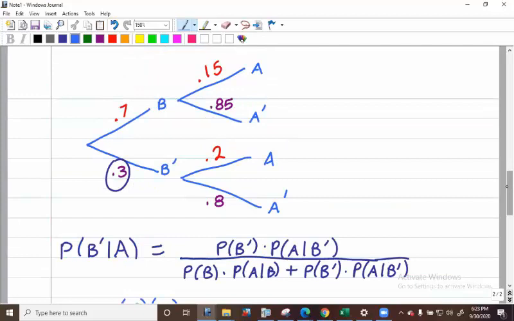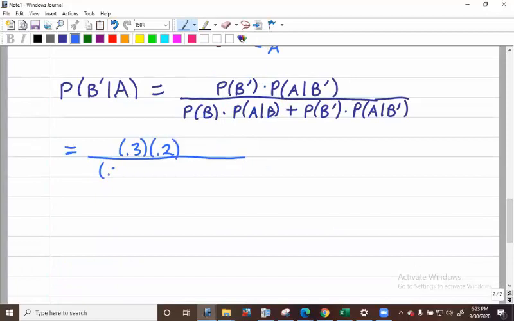And then probability of A given B is 0.15. And then I know that the one on top is going to be there on the bottom. All right, so let's calculate this.